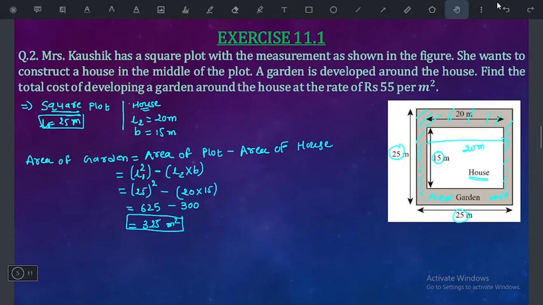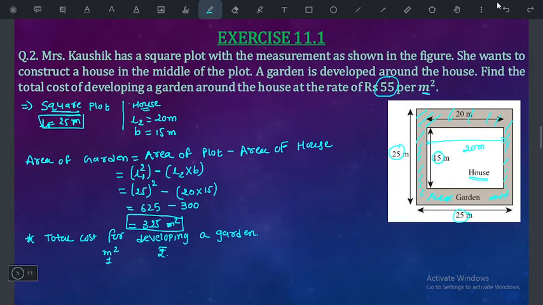Now we want to find out the total cost of developing the garden. We have area and we have rupees. If we want to develop a garden in 1 meter square, that cost is rupees 55.